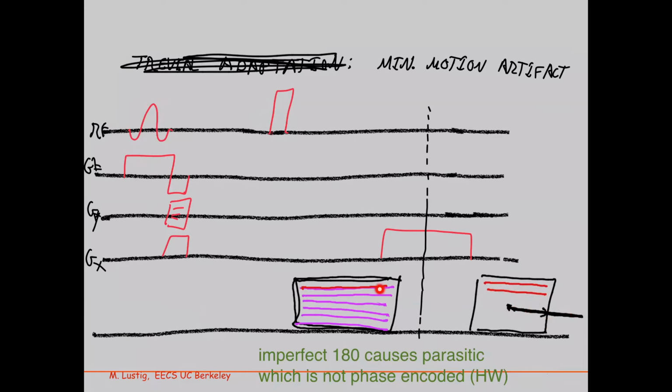So you get a constant signal for every single phase encode. It's just constant. So if you have a constant signal for every phase encode and you take a Fourier transform of it, then what do you get? So it's constant in Y, but it's not constant in X, right?